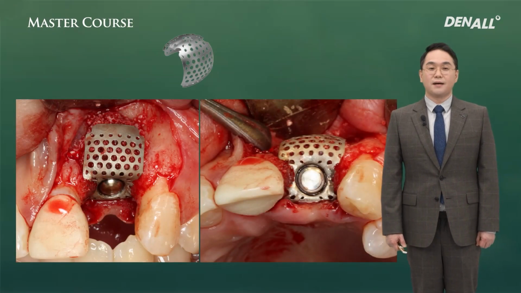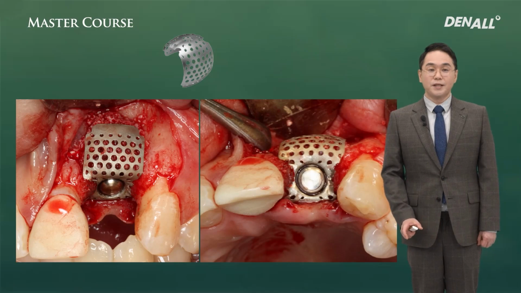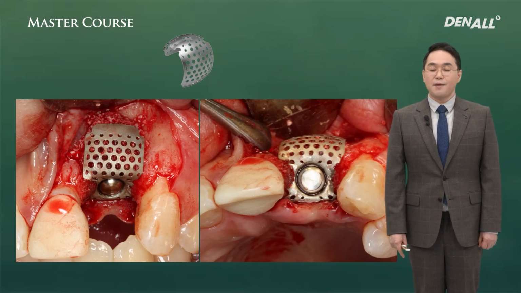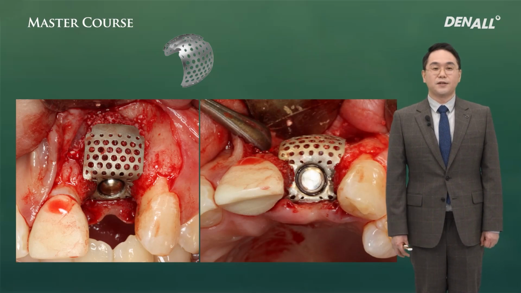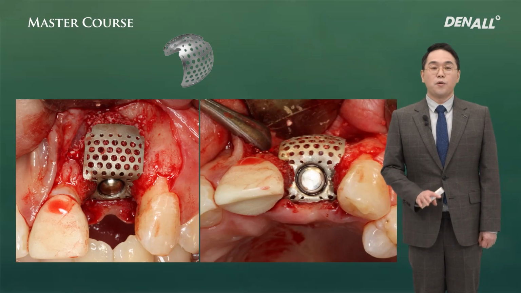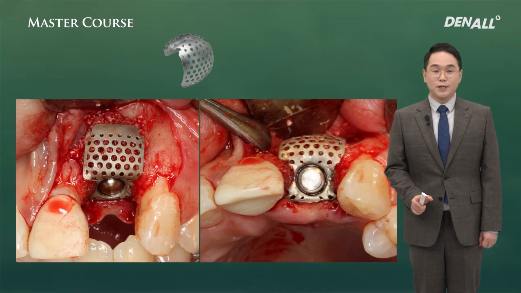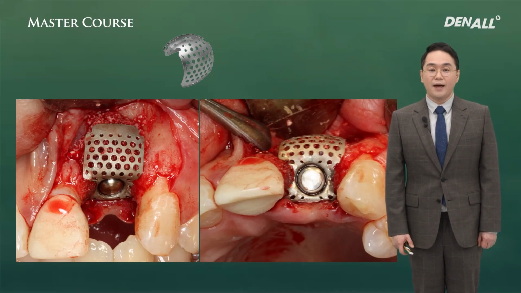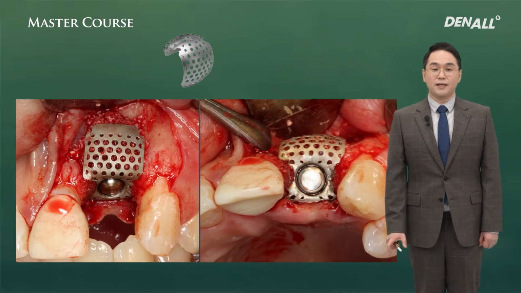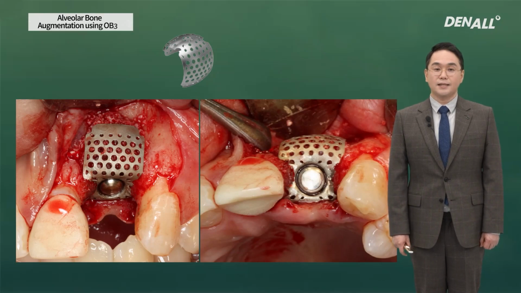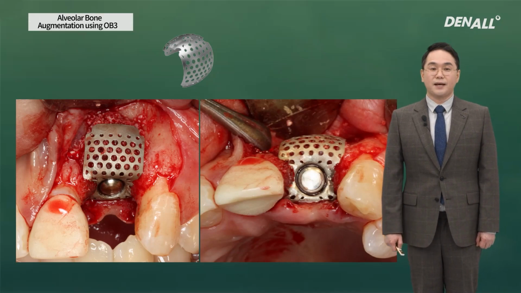a Jawbuilder is used. The Jawbuilder is not the vertical augmentation type, but the horizontal augmentation type, primarily to augment buccally. A small Jawbuilder is used. The mesiodistal distance is 10 millimeters, as it is for a single implant.